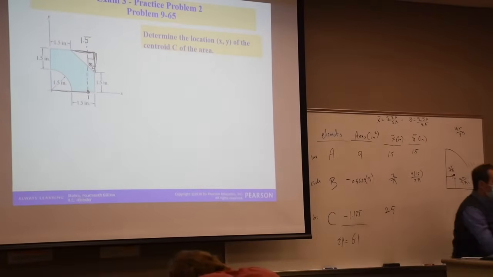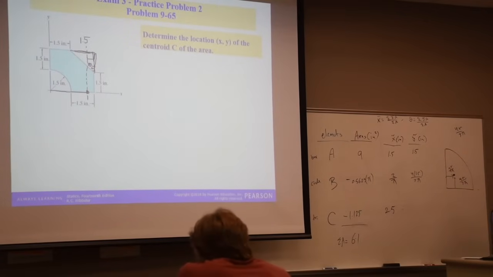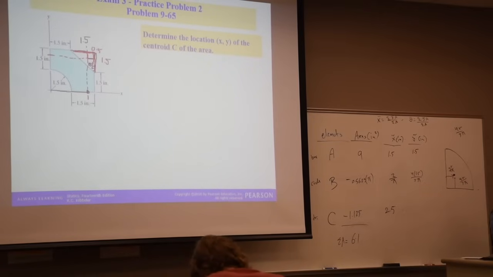Okay, same thing goes for the y. Let's do it in red. This is my right side. I need to move away here, and this distance is 1.5. 1/3 of 1.5 is 0.5. What is my y value at this point? Again, 2.5.